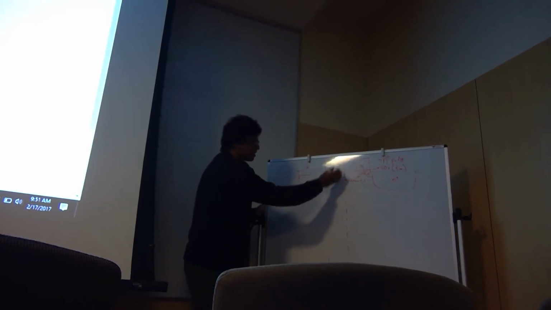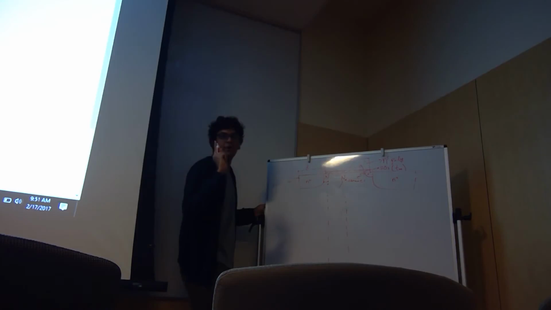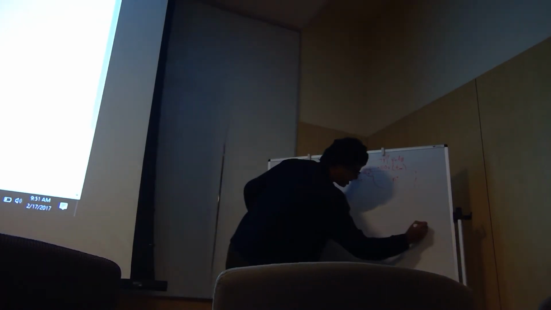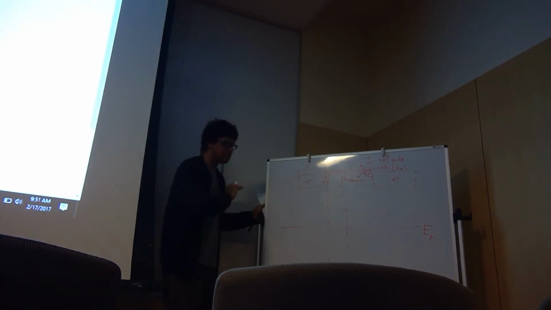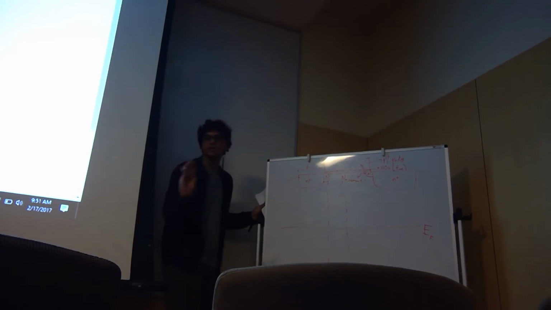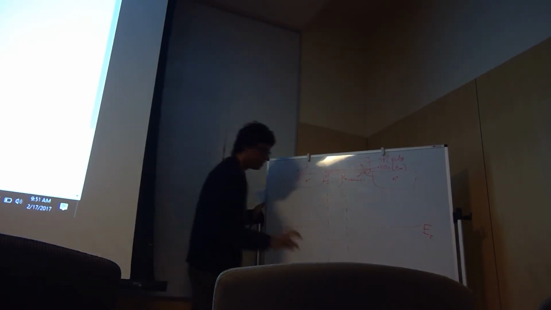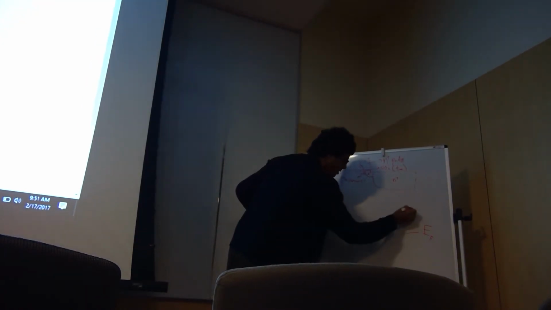Now, when I join these together, I'll have a single Fermi level. That's important because I'm assuming an equilibrium case right now. I have not applied any voltage across the transistor, so my Fermi level has to be fixed throughout. By definition, the Fermi level has to be constant at equilibrium. So this was initially p doped.